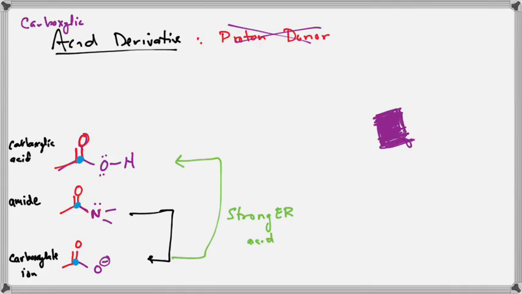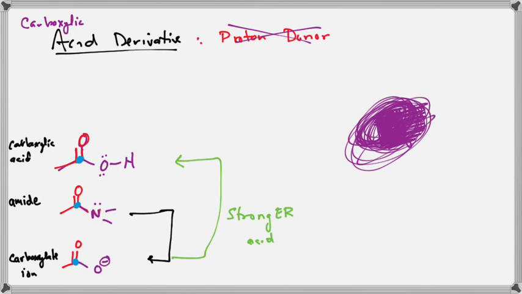What was the difference between these structures that made that carbon electrophilic? Look at the thing that's different between those 3 structures. What color is it? It's the purple one. Yeah, it's the thing that it's connected to.